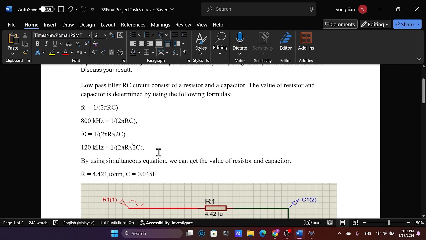By using the formula F0 equal to 1 over 2 pi R square root of 2 C, and FC equal to 1 over 2 pi RC, we can calculate the values of R and C by using simultaneous equations. Only then can we use these two values to construct a low-pass filter in our circuit.